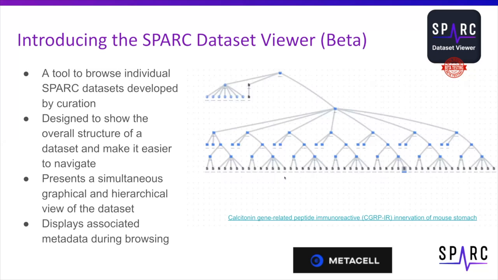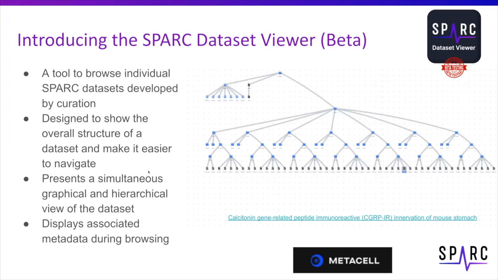You can immediately see how many subjects there are. And as I'll show you, if you click on one of these, it'll say, this is a mouse, and it's 12 weeks old, and this is a mouse, and it is 5 weeks old, right? So it basically allows us to tie the metadata, but it provides a graphical interface that says, here's how all of the data are organized, okay?